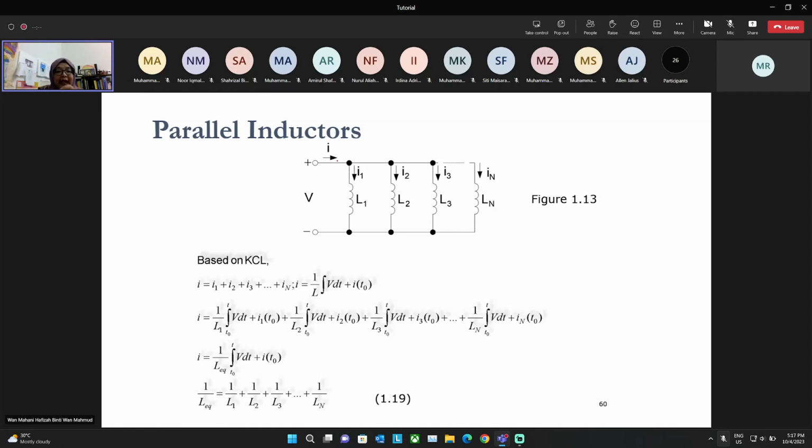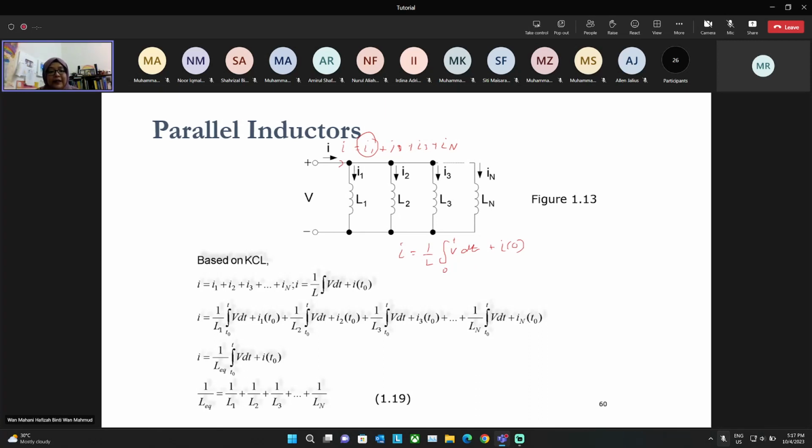Sebab based on KCL, currents in, which is I, equals to currents out, which is I1 plus I2 plus I3 plus In. Okay? So, kita tahu yang sebutan I untuk inductor is equals to 1 over L integration from 0 to T V dt plus I at time 0. Ini equations dia.